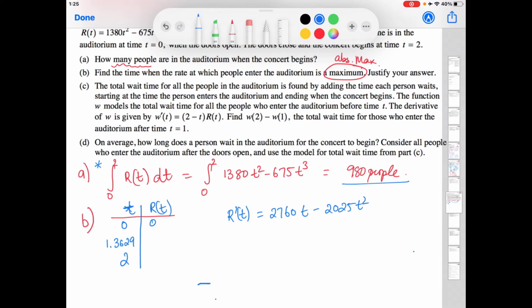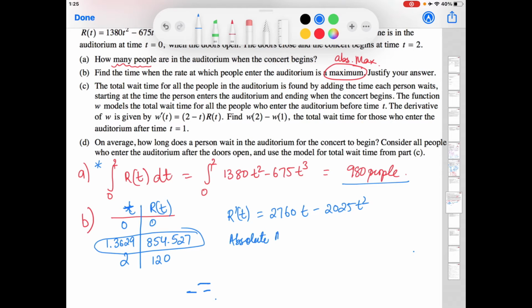At 0 it was just 0, then at 1.3629 it is going to be 854.527, and at 2 it would be 120 people. So your r of t would be 120. So what is your maximum? It is at this value.